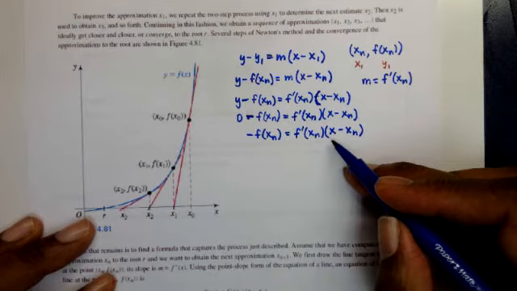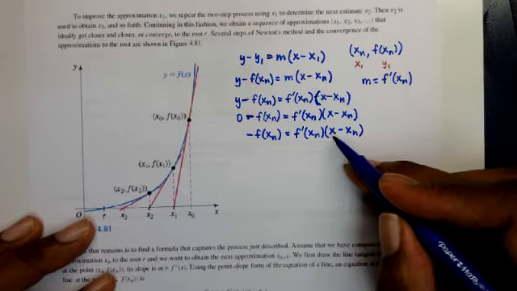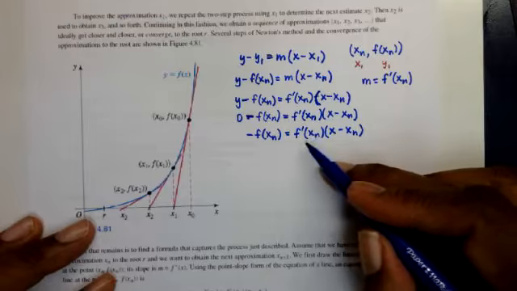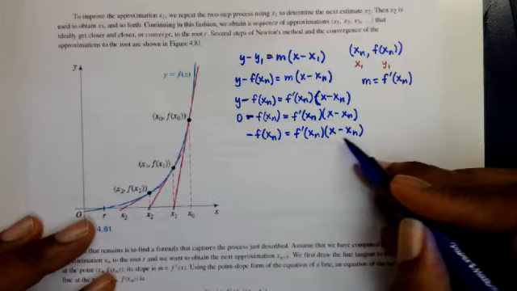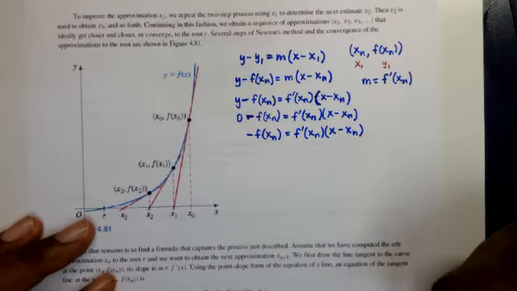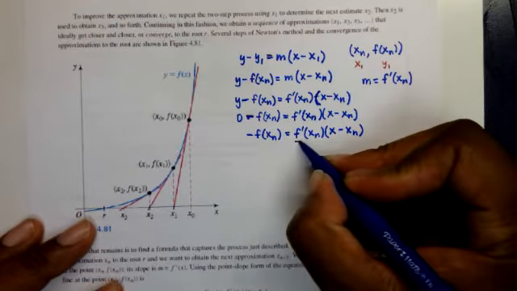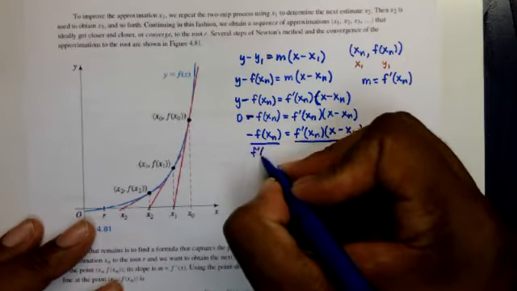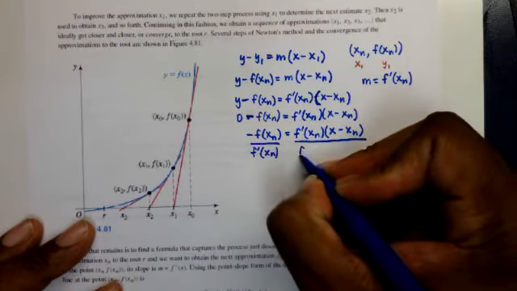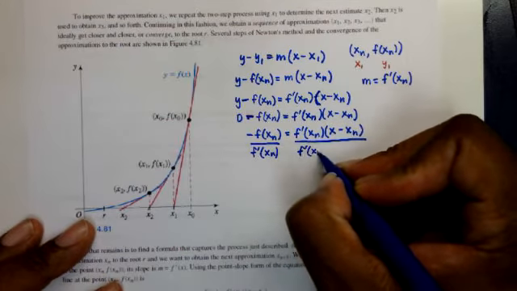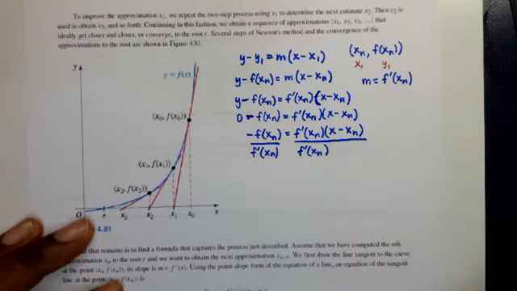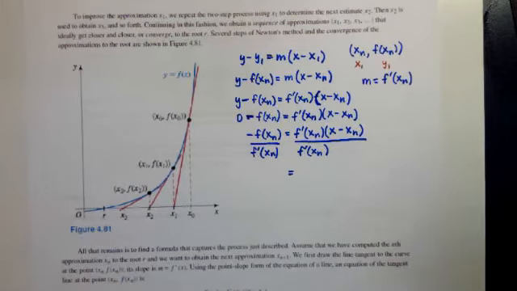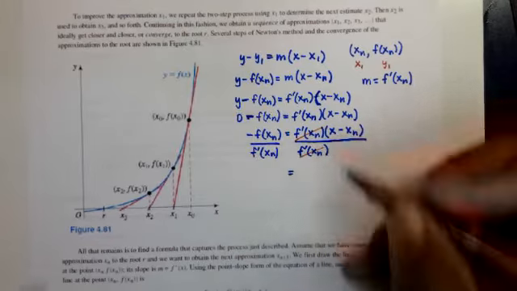Now, what I want to do here is get x by itself. Here, I want to solve for x. So the first thing I need to do is get rid of the f prime of x sub n. That x minus x sub n is being multiplied by f prime of x sub n, so I need to divide both sides by f prime of x sub n. In this case, that f prime of x sub n divides out. That's gone.